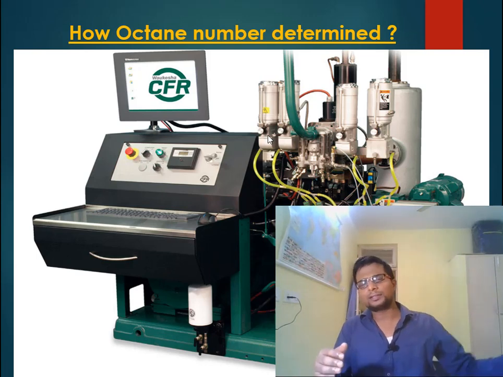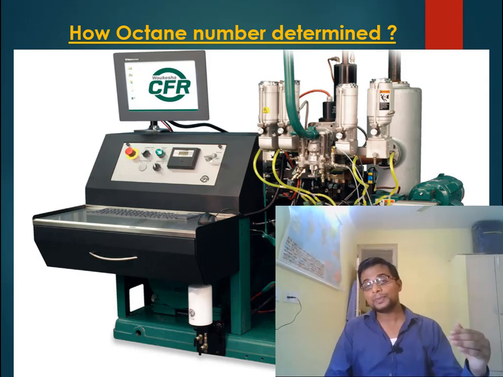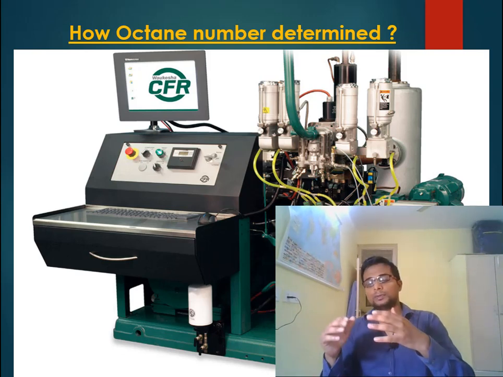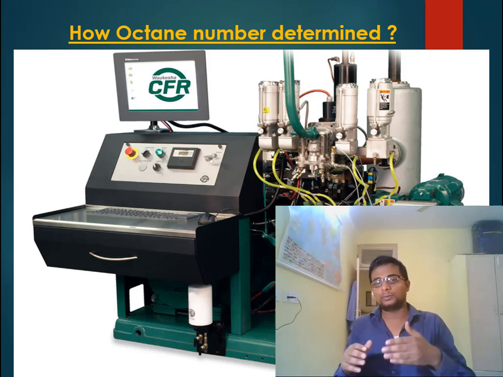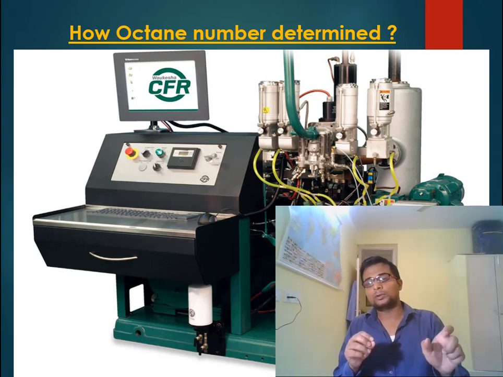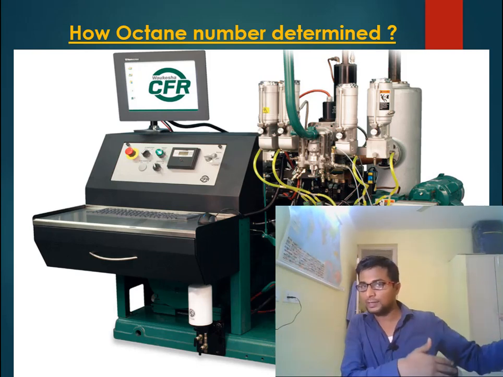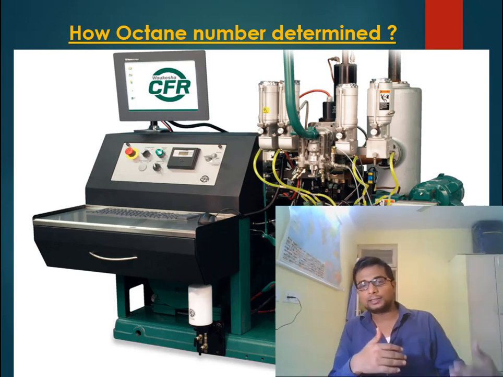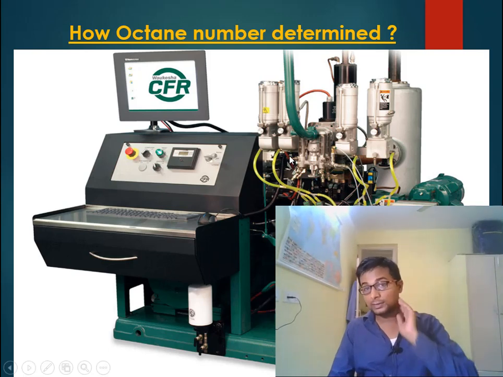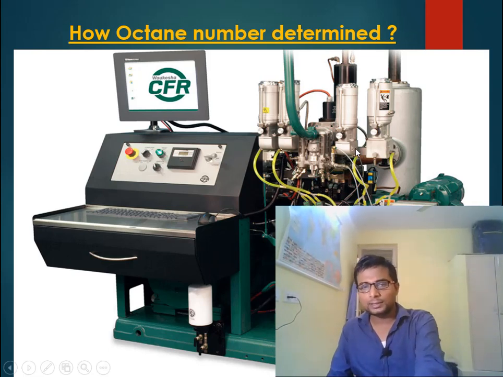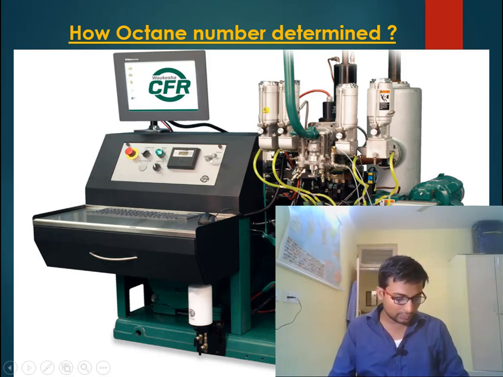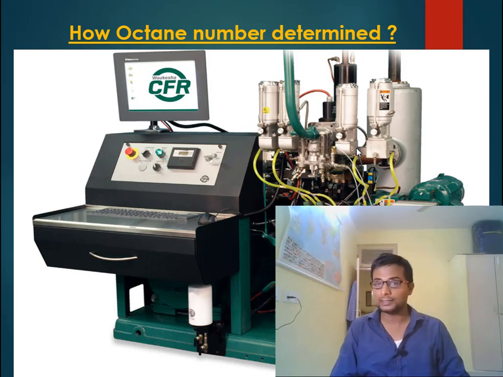Let's suppose, just for understanding, it shows 10, and the given chart shows that an isooctane volume of, say, 80% and 20% N-heptane produces the same knocking, like say 10. Then the octane number of that test fuel will be 80. This way we determine it. This is called the CFR engine, and it is a standard for octane number determination. It has variable compression ratio and a single cylinder.